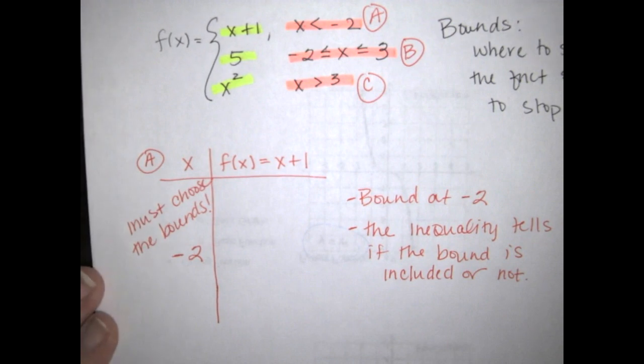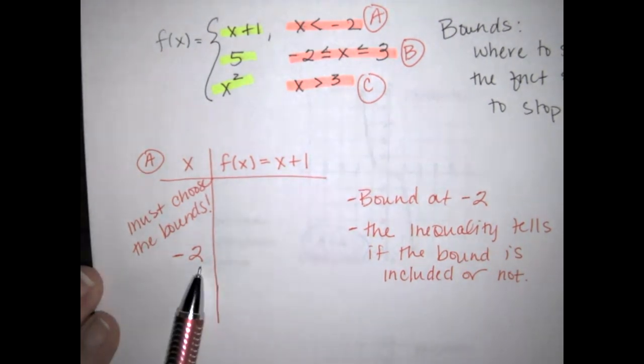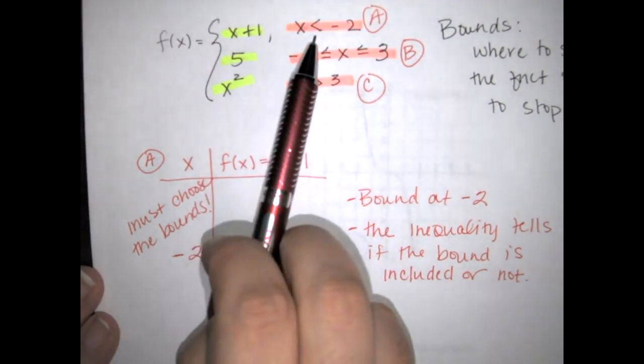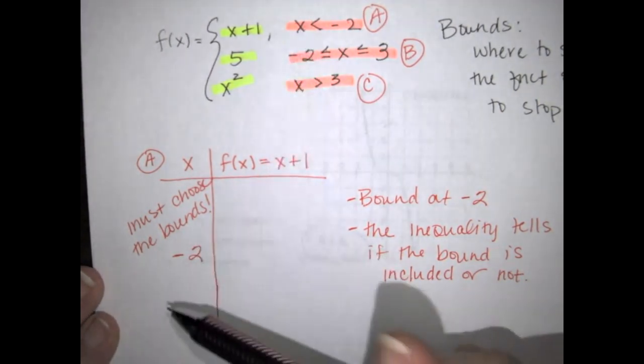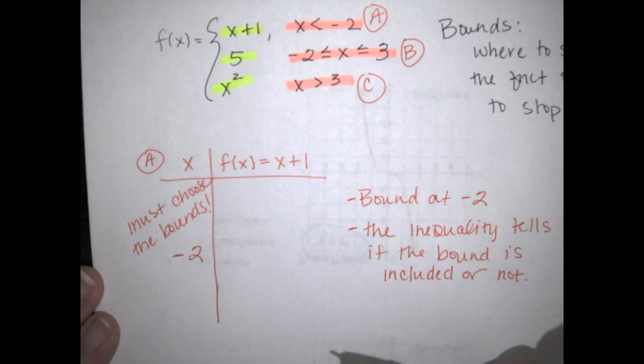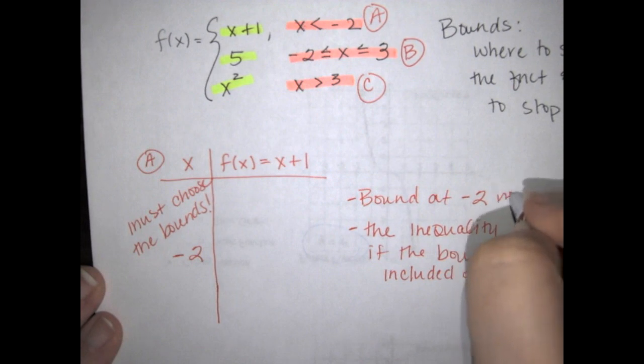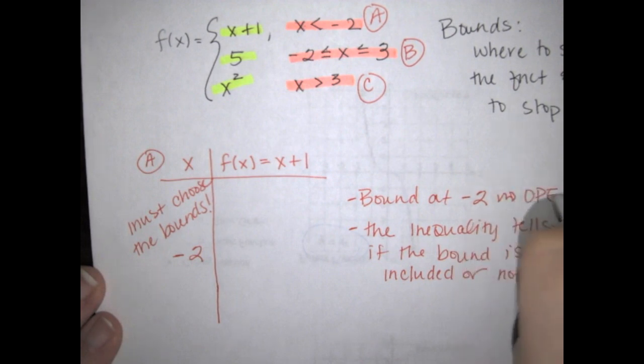Okay, so here my bound is at -2, but then my inequality just says less than. Therefore, -2 is not included. So here my bound at -2 is going to be open, meaning it's not included.